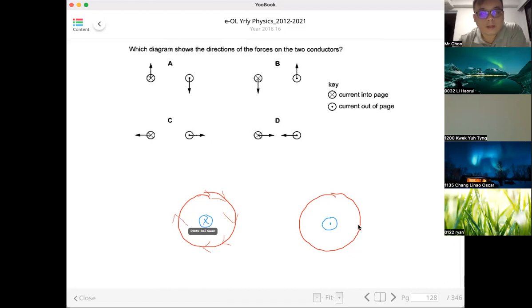Okay, Beikwan, the left side is correct. How about the right side? Well done. Next, you compare the field lines in between. Are they in the same direction or opposite direction?